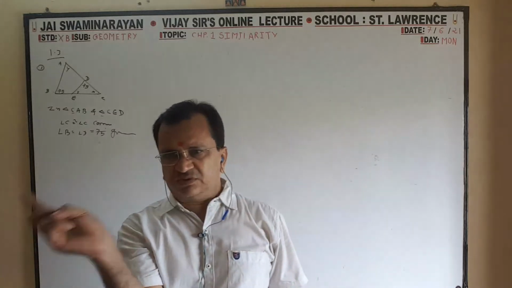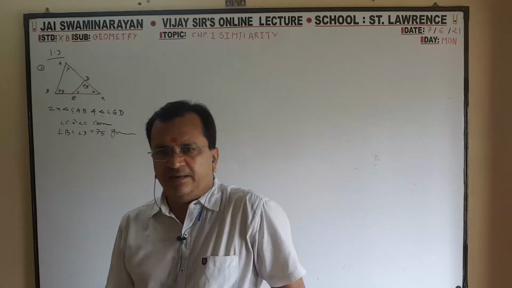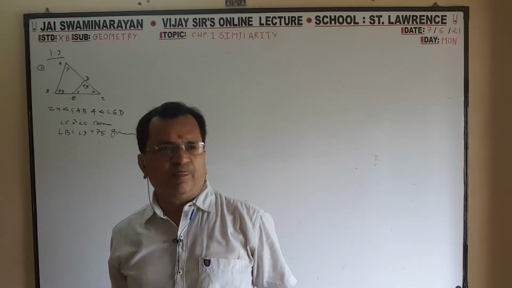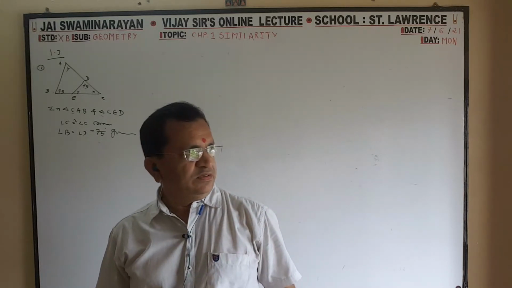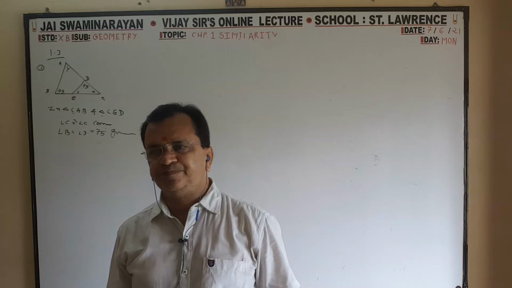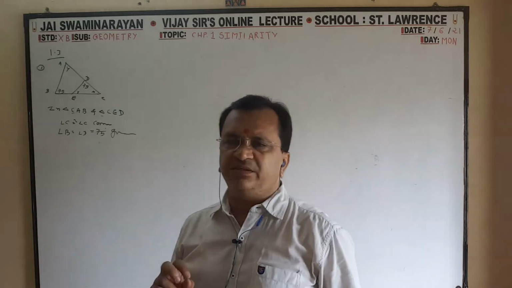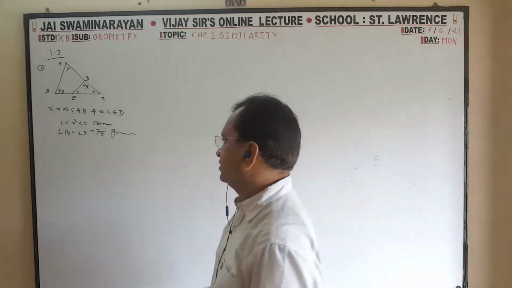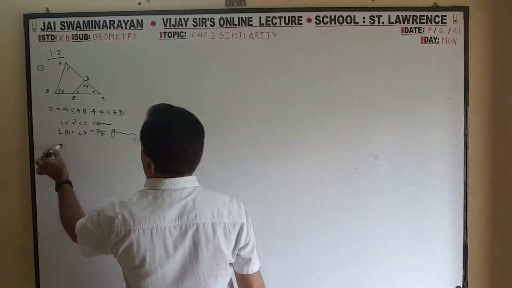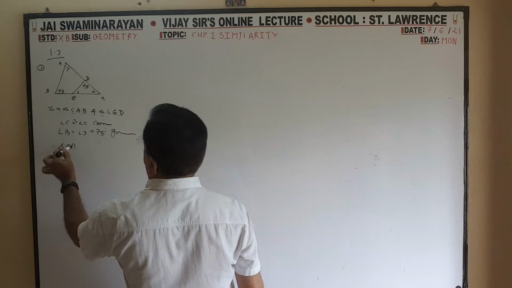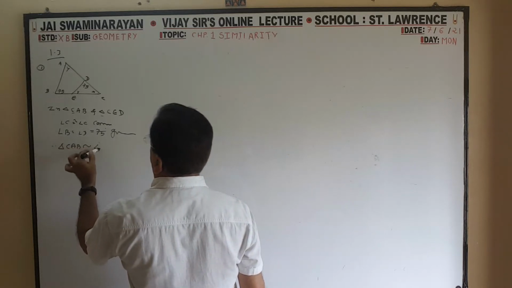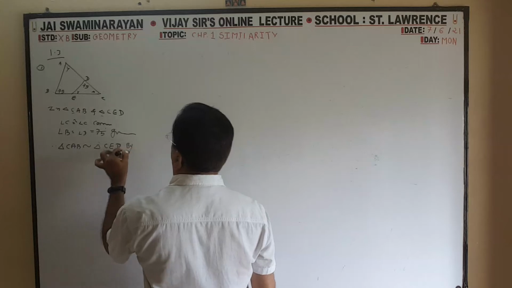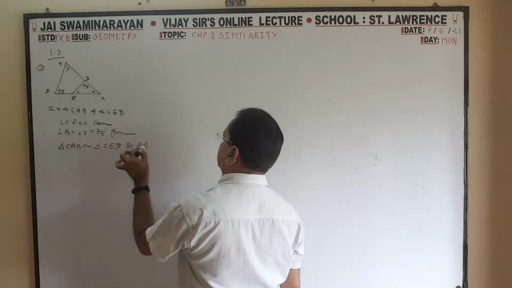If two angles of two triangles are equal, then the two triangles are said to be similar by the AA test, angle test. Therefore, triangle CAB is similar to triangle CED by the AA test.